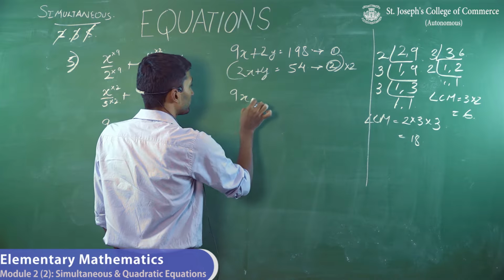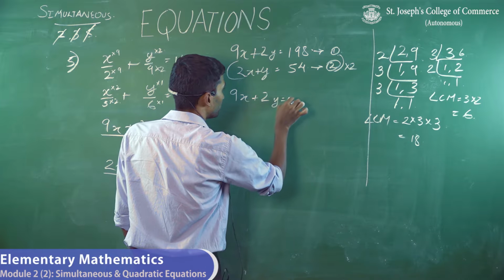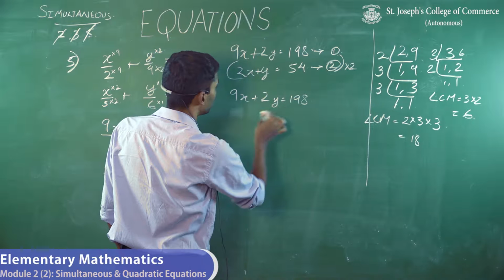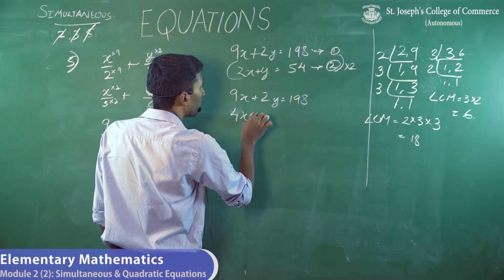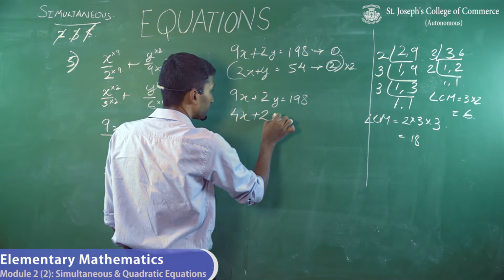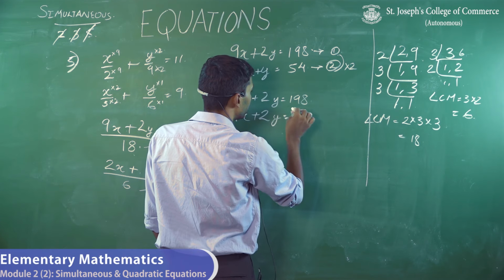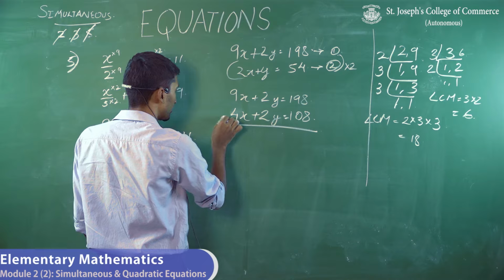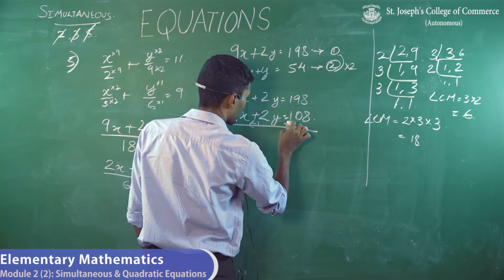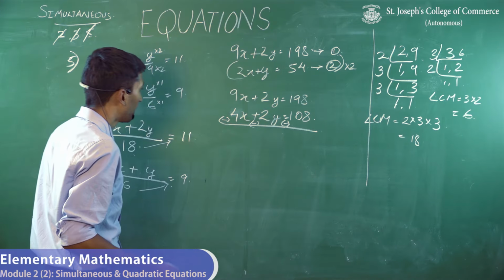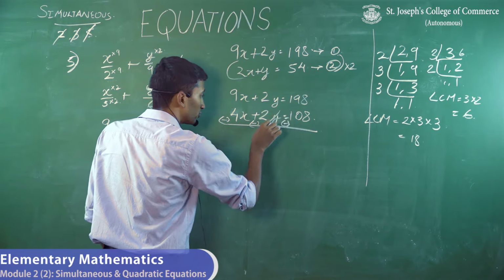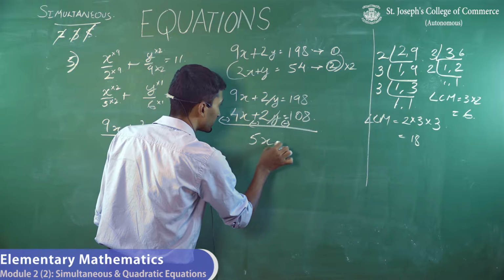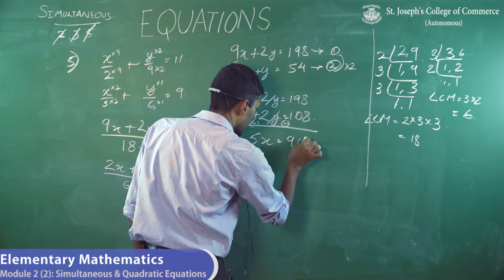So 9x plus 2y is equal to 198, and 2x into 2 will give me 4x plus 2y is equal to 54 into 2, so that is 108. Change the signs. Okay, y and y cancel out. 9 minus 4 will give me 5x is equal to 90.